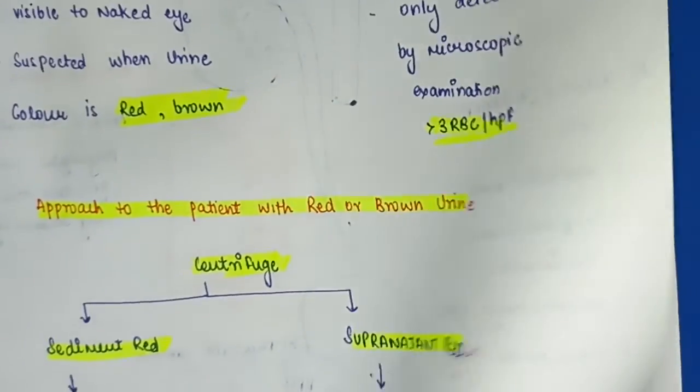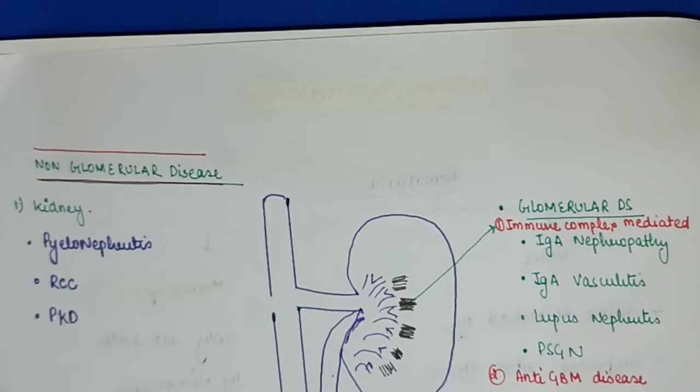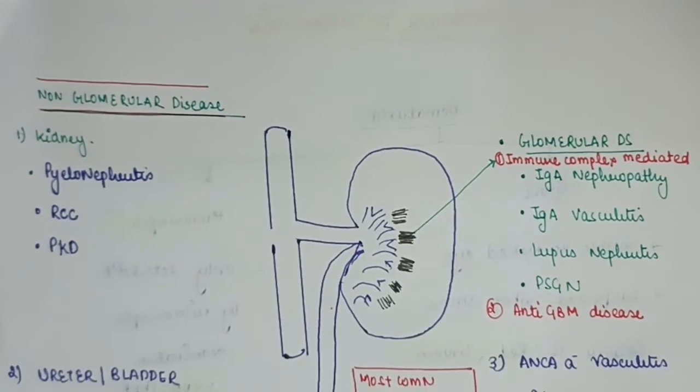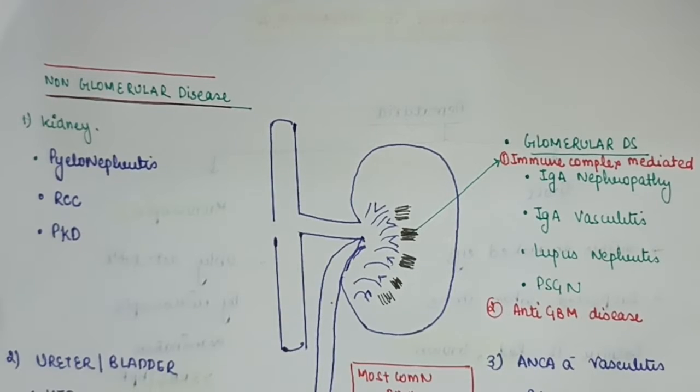So now we will discuss the various causes of hematuria. Every time you learn causes, like in case of hematuria, we will discuss the causes between glomerular diseases and non-glomerular diseases.